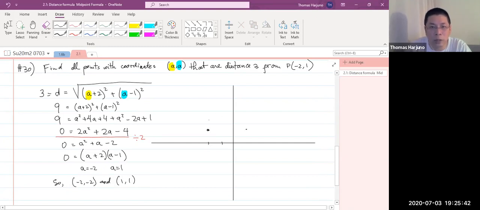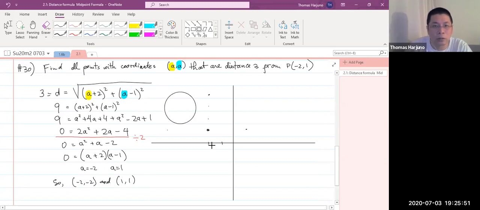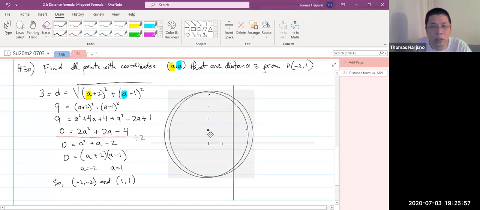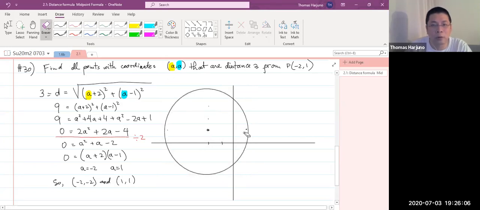I try to make it 3 units now. 1, 2, 3, approximate here. Let's say something like this. Not a good picture, but approximate.